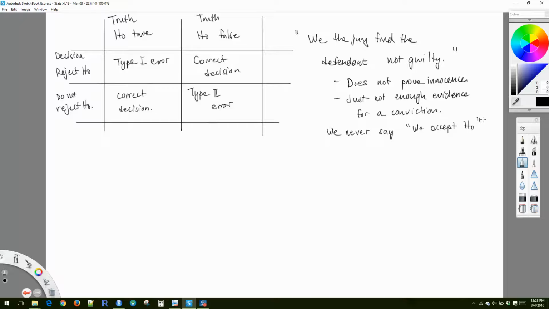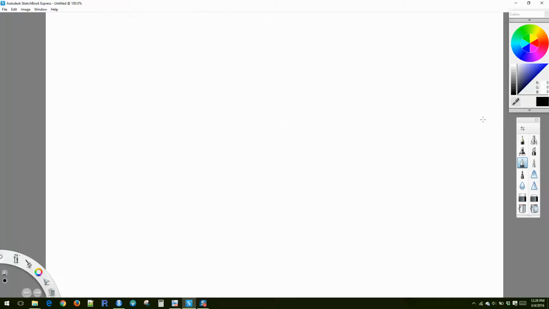Okay. Do we feel okay about all of this stuff? All right, so now let's get into hypothesis testing. This is for proportions, and we have 2 samples.